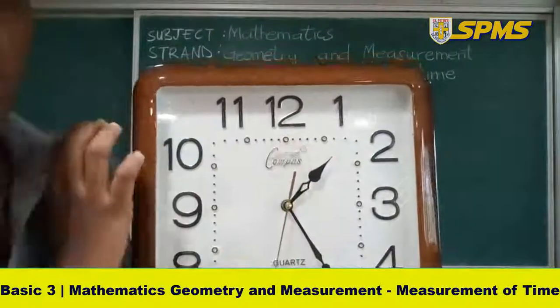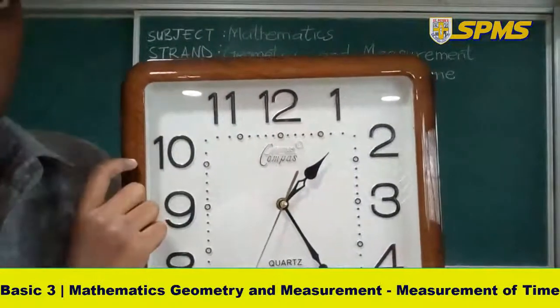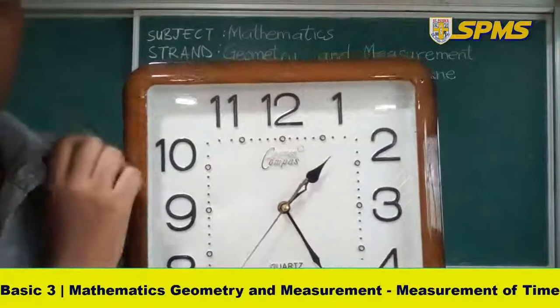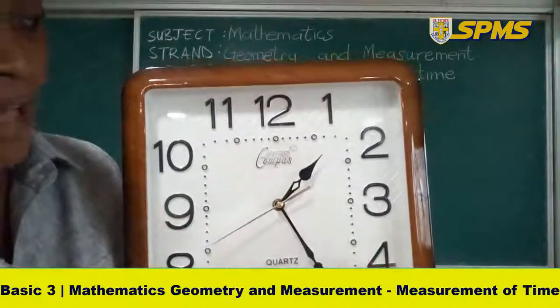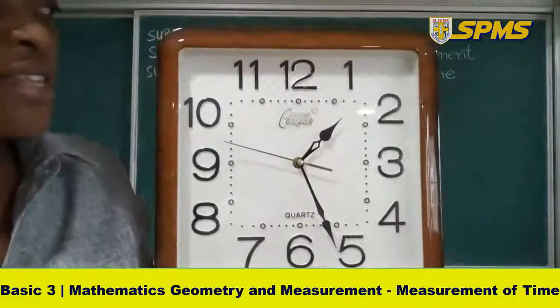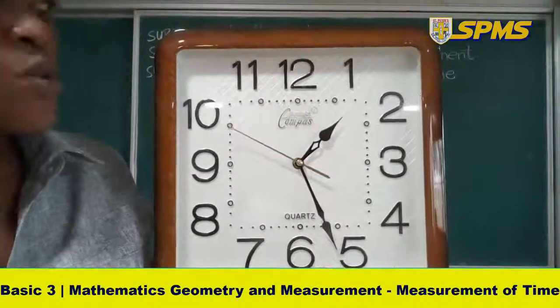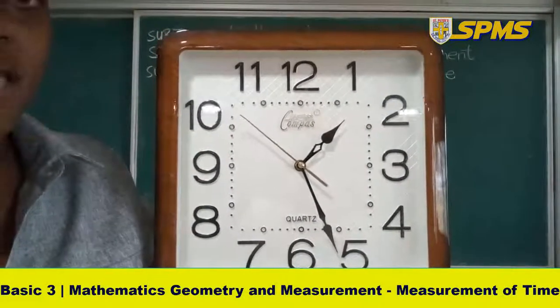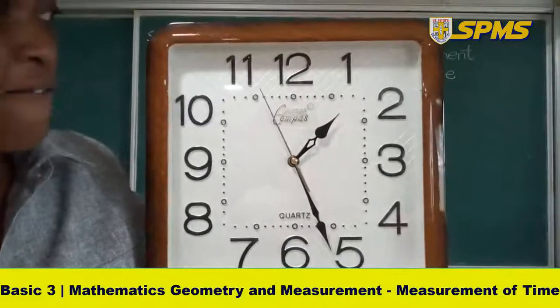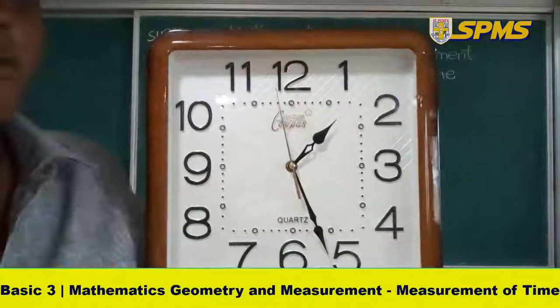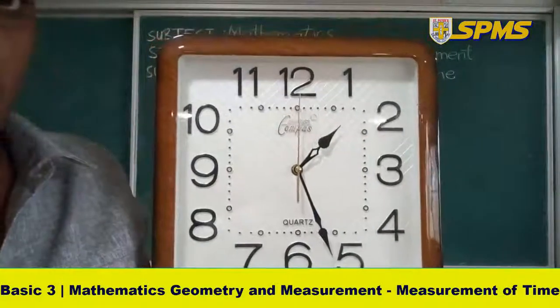From 1 to 2, another 5 strokes. From 2 to 3, 5 strokes. So the interval between the numbers are 5 each. So we have 5 each from 12 back to 12.